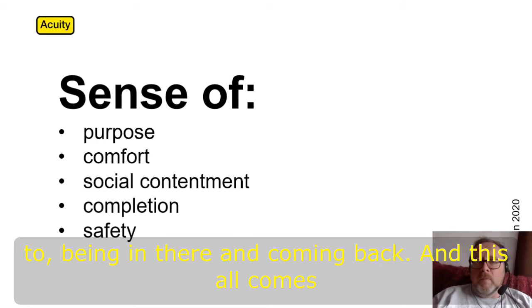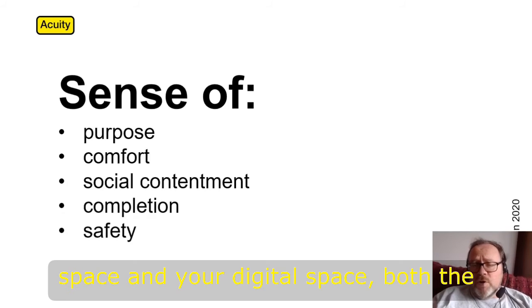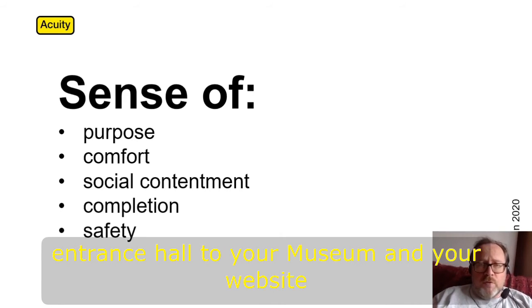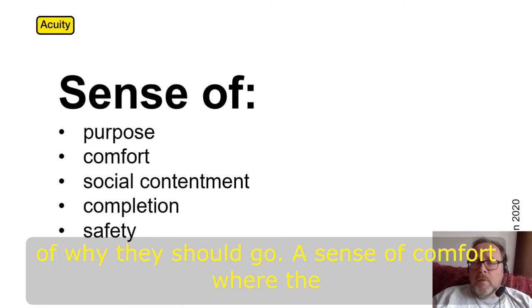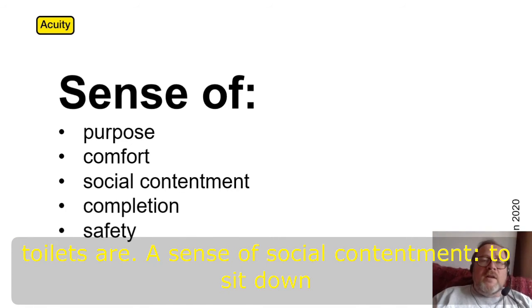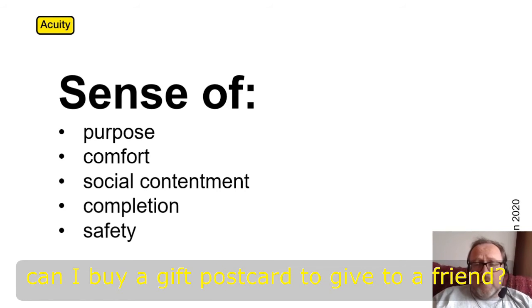And this all comes to the idea of how do you organize both your physical space and your digital space, both the entrance hall to your museum and your website, to ensure that a visitor has a sense of purpose, why they should go, a sense of comfort, where are the toilets, a sense of social contentment, can I have a sit down and a hot drink or an ice cream, a sense of completion, can I buy a gift, a postcard to give to a friend, and a sense of safety.